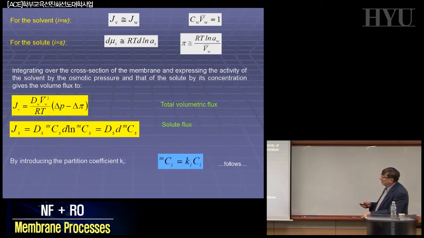For the solute, we can express it in terms of the differential of the activity, and osmotic pressure can be introduced using the van 't Hoff equation.